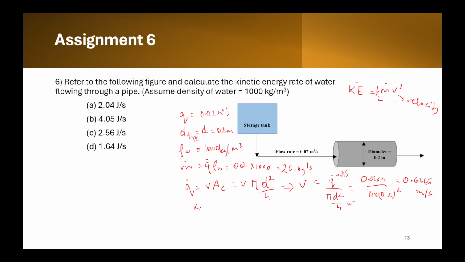Now we can calculate rate of kinetic energy. So half into m dot, which is 20, into 0.6366 whole square.